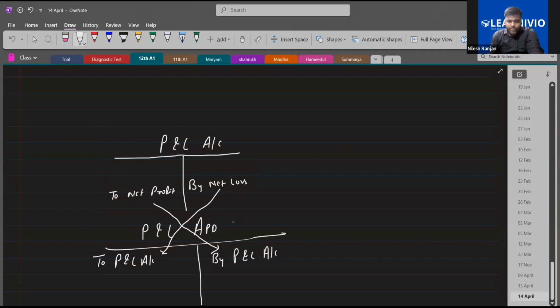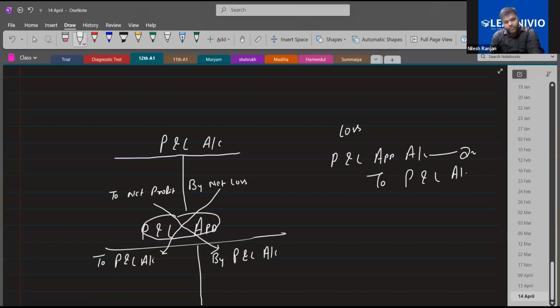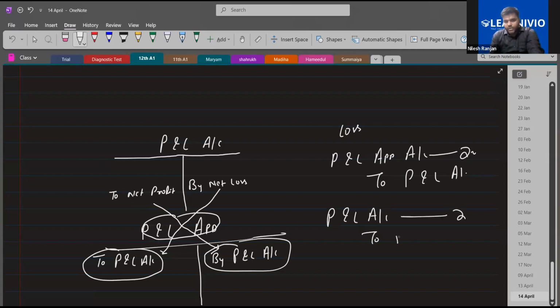So if you prepare it in journal form, for loss it will be profit and loss appropriation account debit to profit and loss account. Or if it is on the credit side, then profit and loss account debit to profit and loss appropriation account.